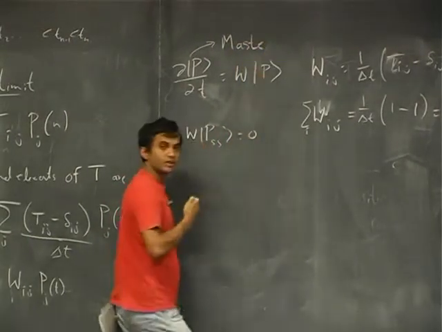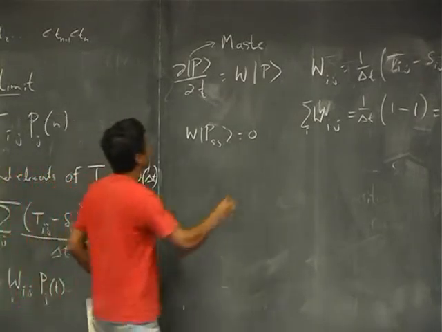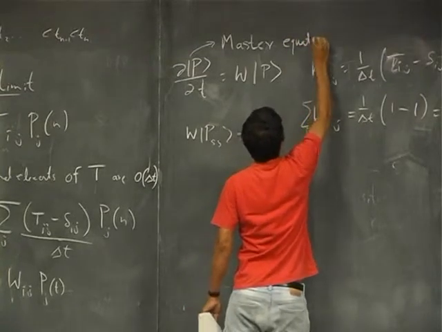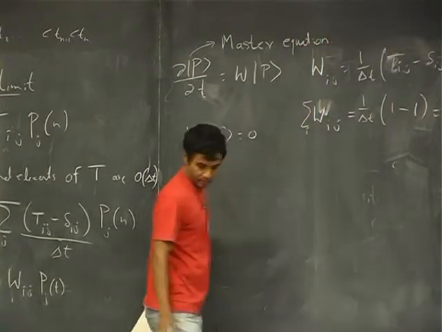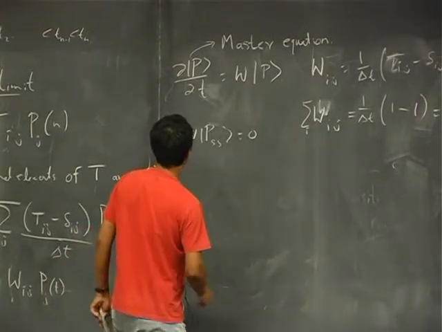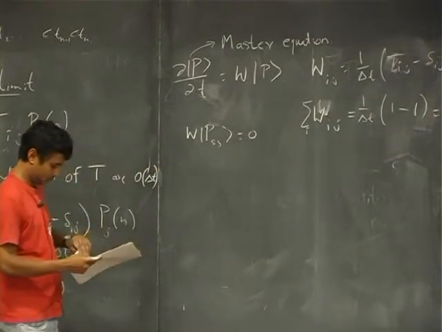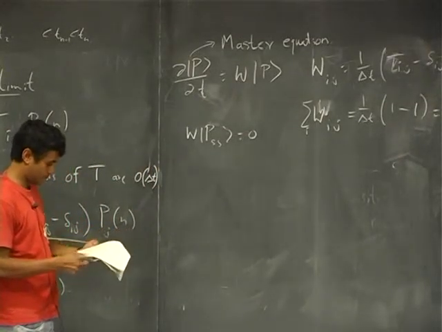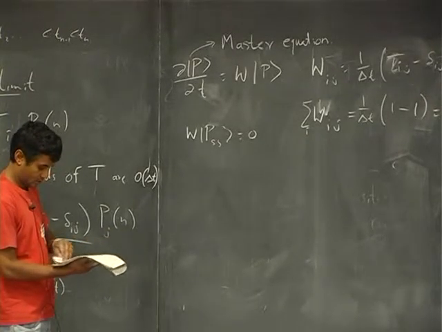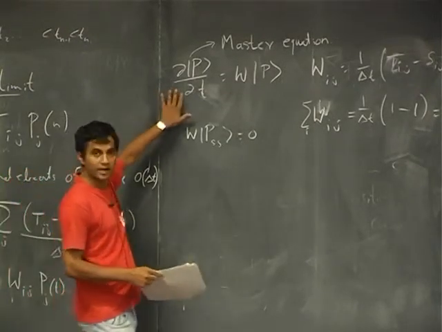In some sense it's just the continuum limit of this discrete Markov process. So this is called the master equation.